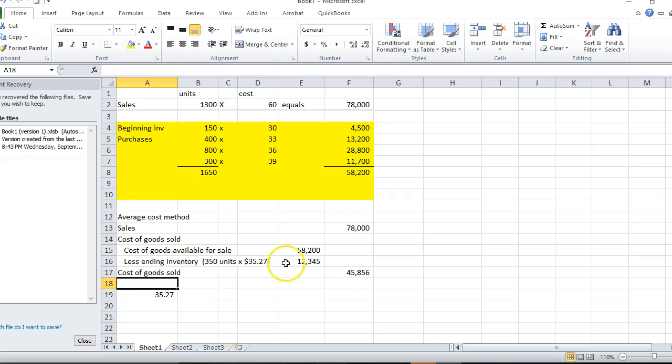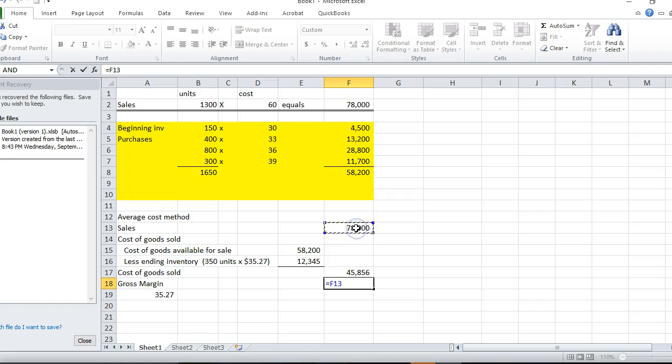Therefore, our gross margin is going to be the difference, or our sales minus our cost of goods sold gives us our gross margin of $32,145. Does that make sense?